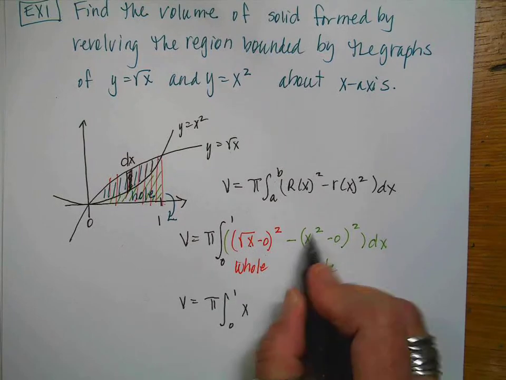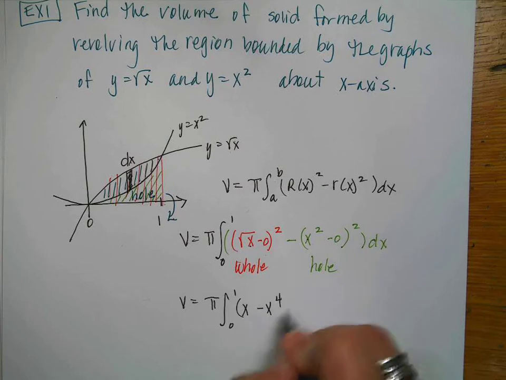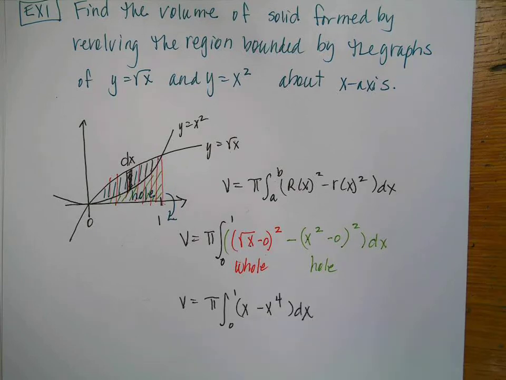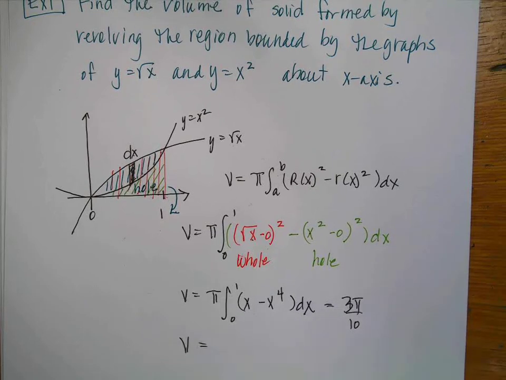Radical x squared is going to be x, and then x squared squared is going to be minus x to the fourth in parentheses, and then dx, and the solution is going to be 3 pi over 10. So the volume is equal to 3 pi over 10. Okay? All right, let's do another couple of examples.